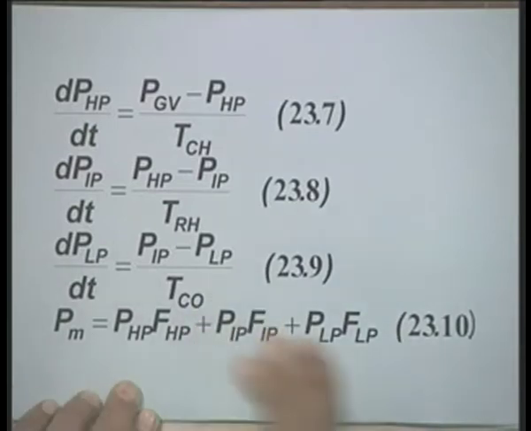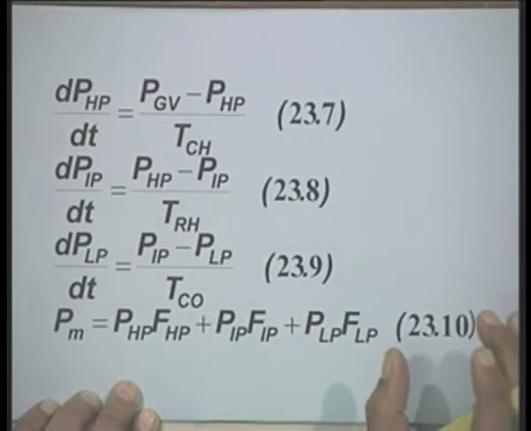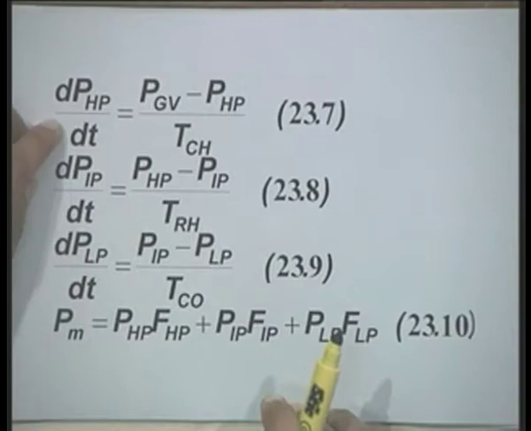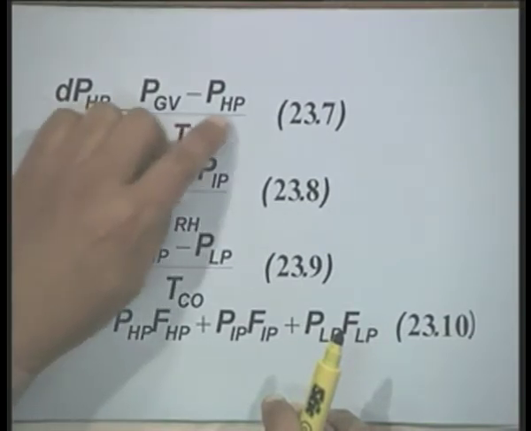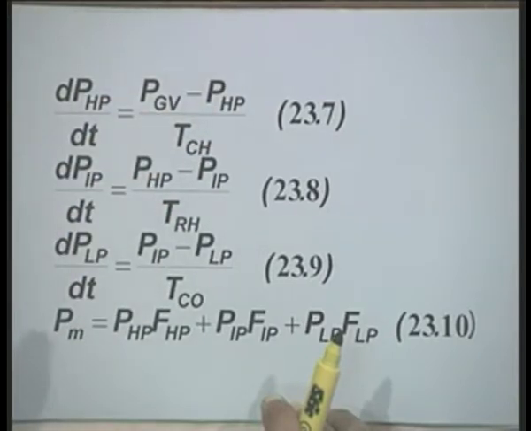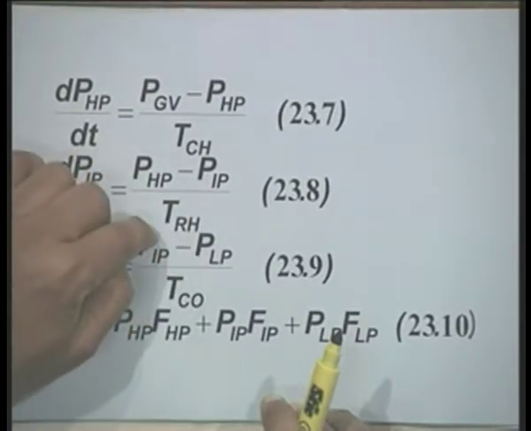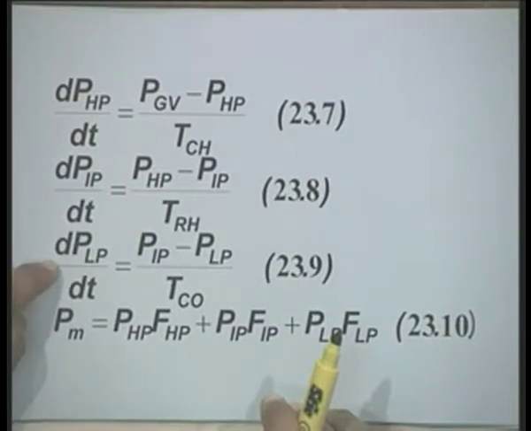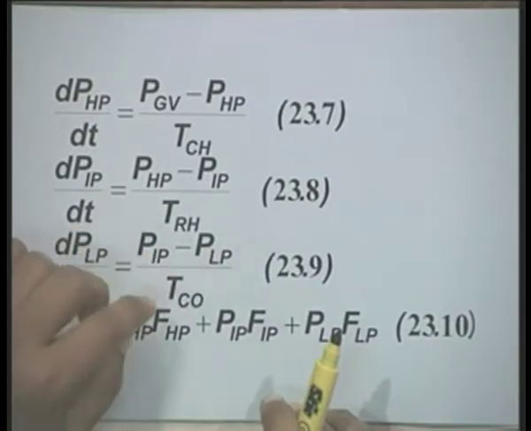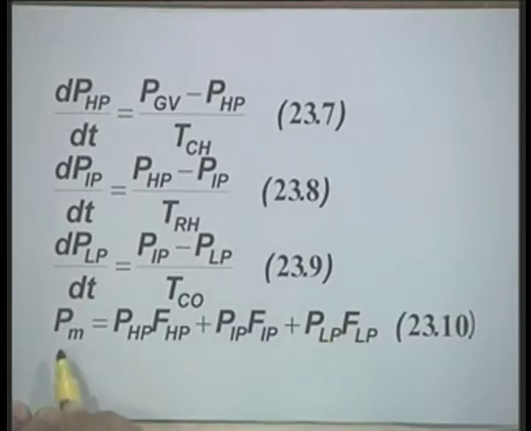Because there were three first order transfer functions, for each transfer function you can write down one differential equation: d by dt of PHP equals PGV minus PHP divided by TCH. Similarly, d by dt of PIP equals PHP minus PIP divided by TRH, and d by dt of PLP equals PIP minus PLP divided by TCO, and the mechanical power PM is equal to PHP FHP plus PIP FIP plus PLP FLP.